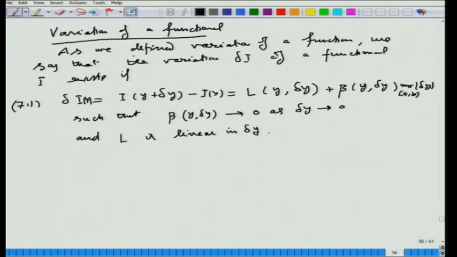Now, there is another, equivalent way of defining the variation of a functional.